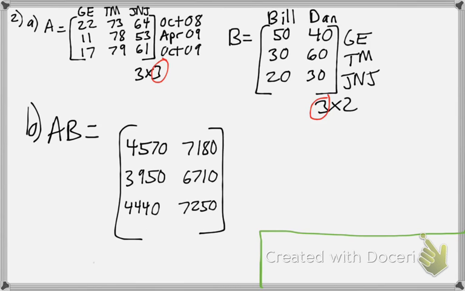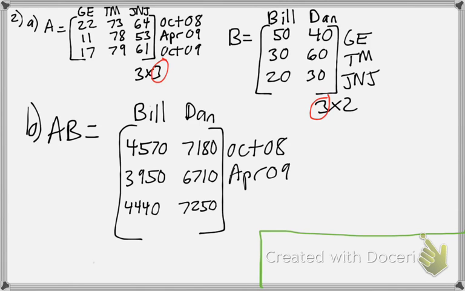Now the answer matrix will have the row labels of the first matrix and the column labels of the second matrix, meaning it's going to be Bill, Dan, October 08, April 09, and October 09. So that'll be our final answer.